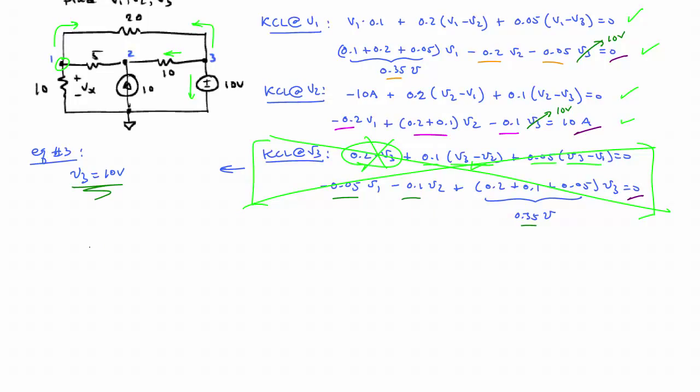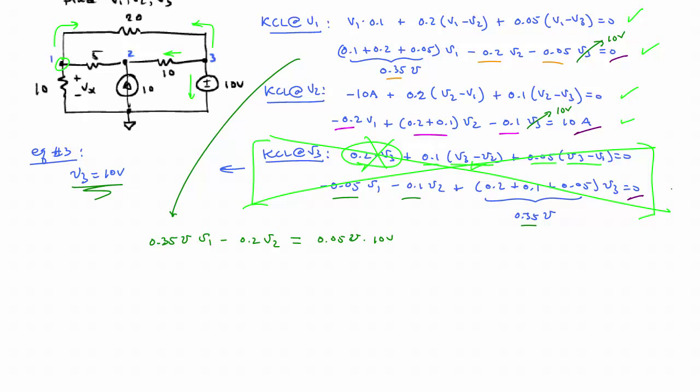Let's write the first KCL equation. We'll have 0.35 mhos times V1 minus 0.2 mhos times V2, and then this will be equal to 0.05 mhos times 10 volts.